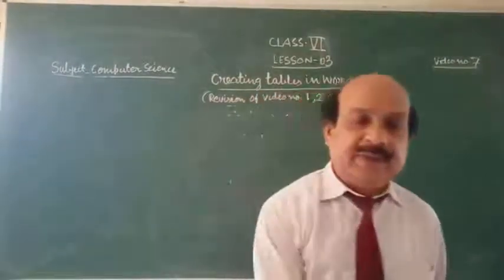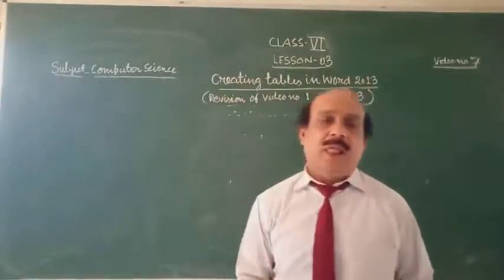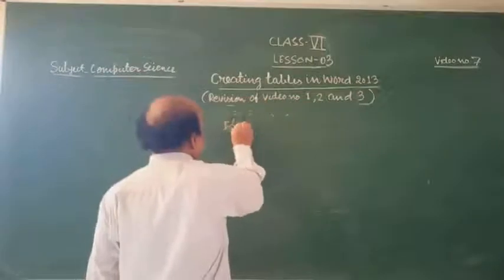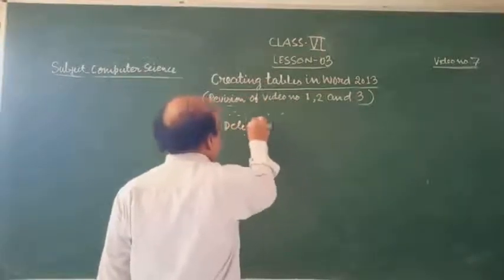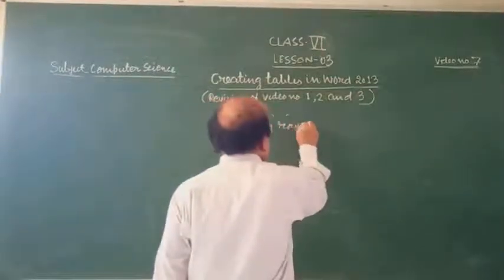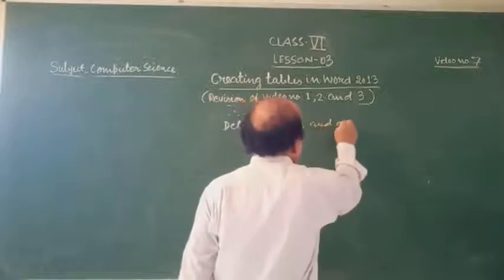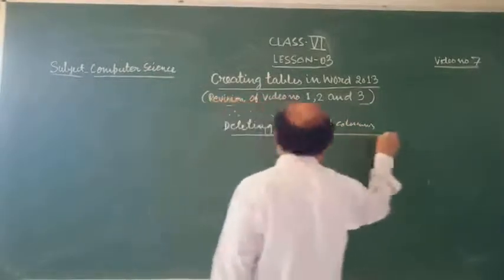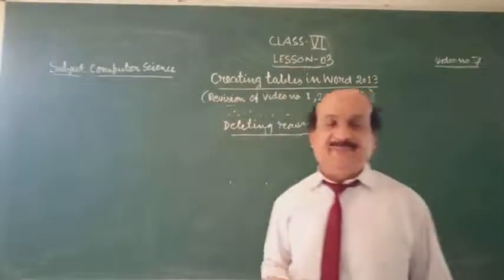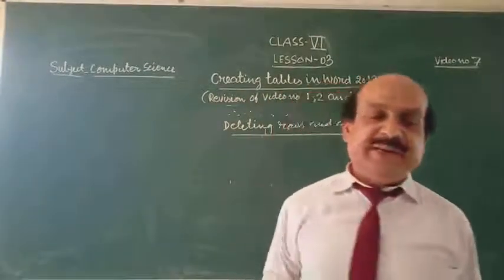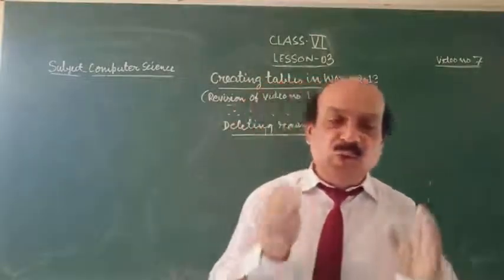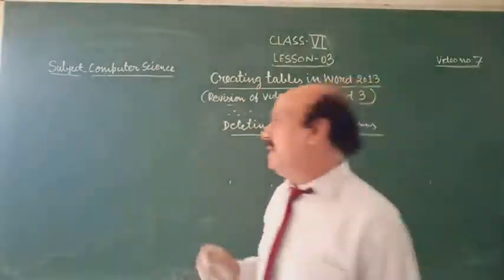Next is deleting rows or columns. How can we delete rows and columns? What steps will you take? First of all, select the cell whose row or column is to be deleted.